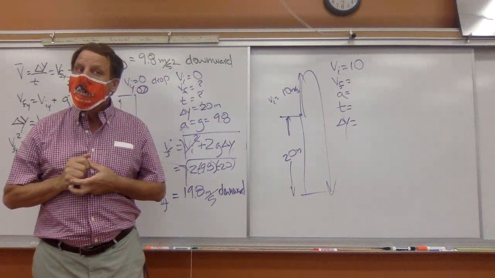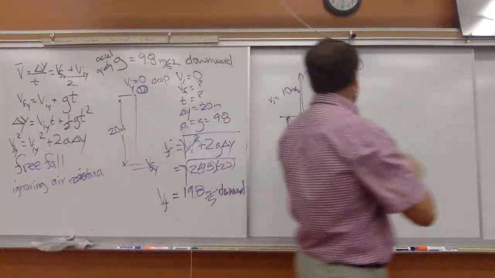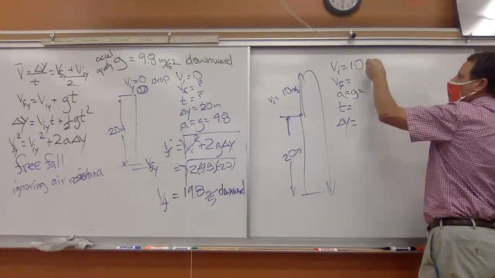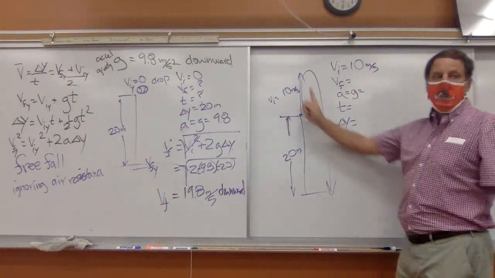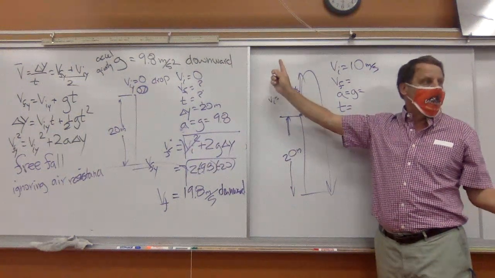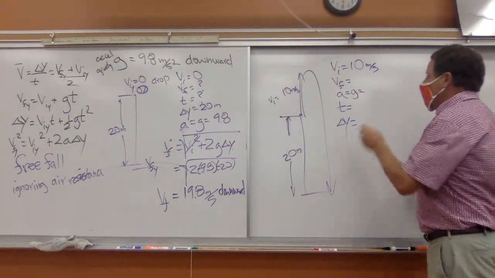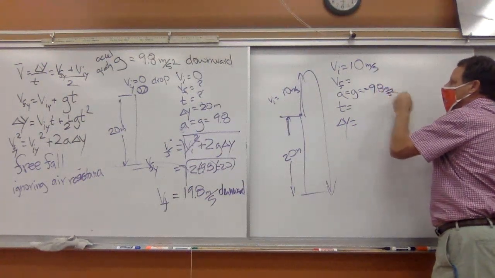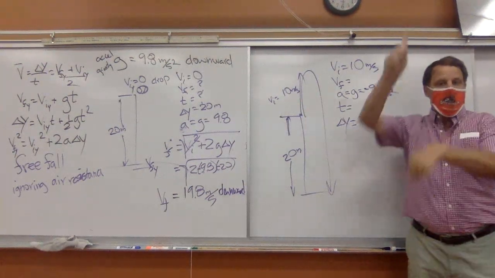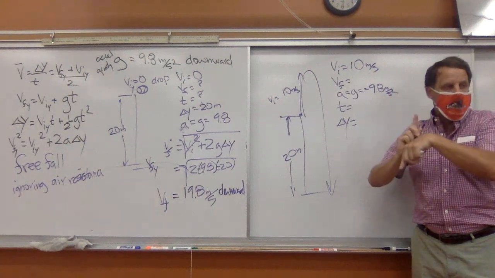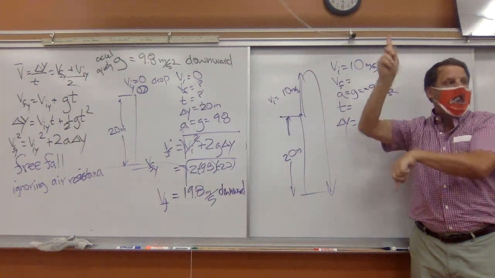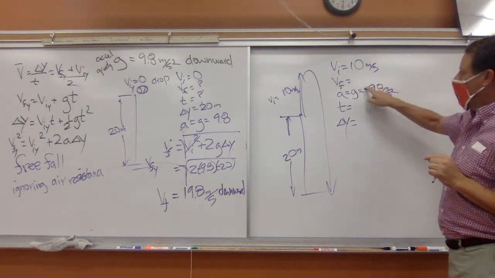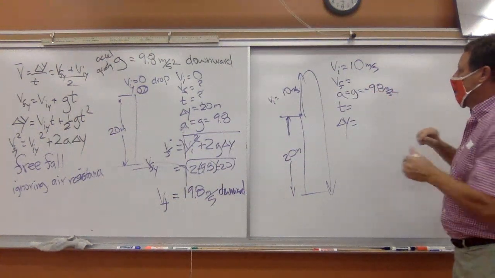What's that? The g, exactly right. Now, if we're saying that up is positive, which is a real natural thing here, then we do have to specify that this is negative 9.8. This is really where it matters for the signs, in particular when things are going opposite of gravity. So that definitely has to be negative, okay?